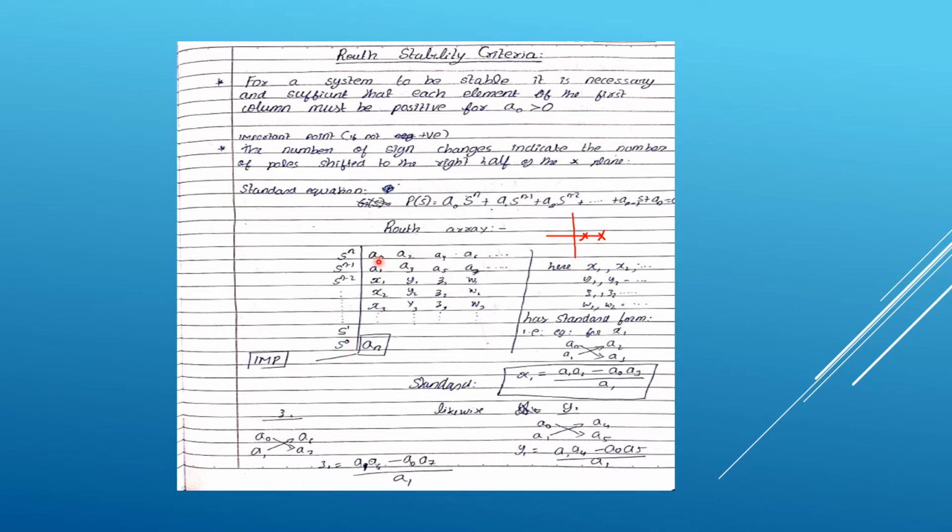And here we are using the first two rows only to write the elements of P(s).